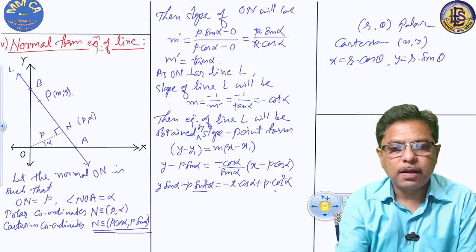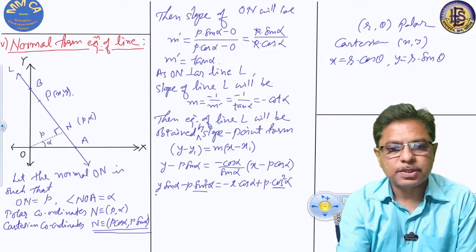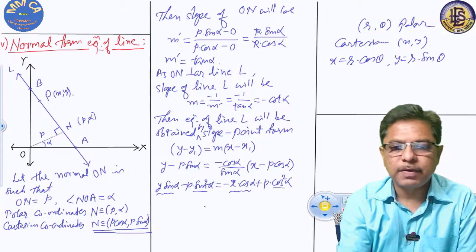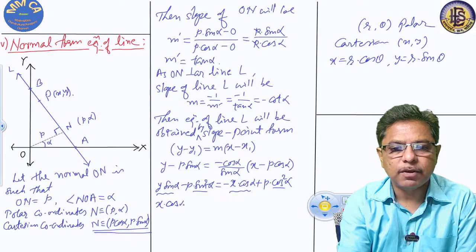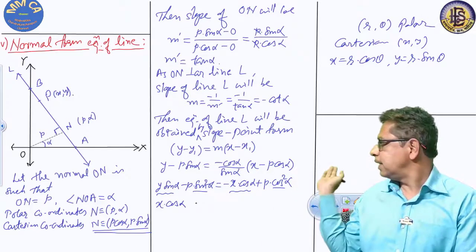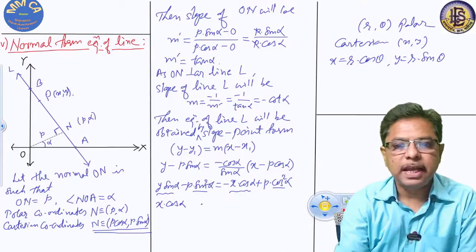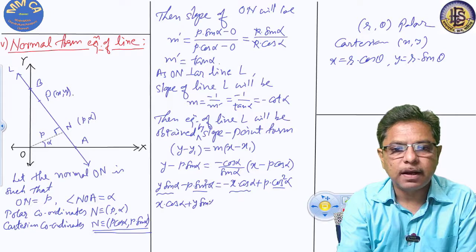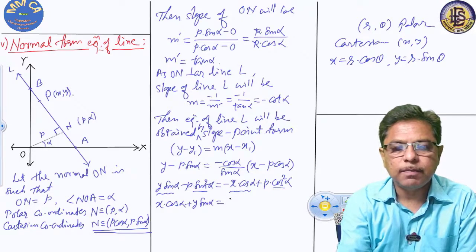And now these are the constant terms. These two are the terms of variables. Collect the terms of variables on left hand side, that is x into cos alpha. It was minus x cos alpha on this side. Transfer on another side. So it is x cos alpha plus y sin alpha is equal to p.